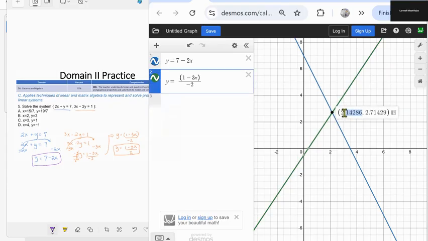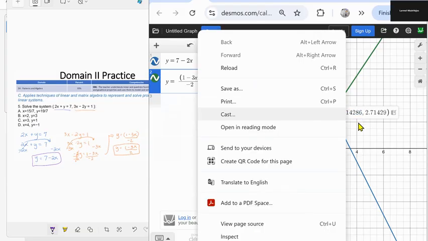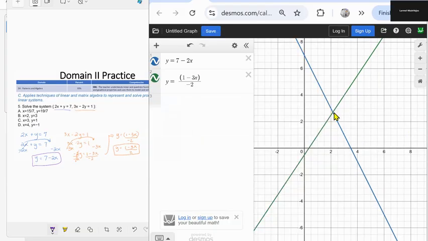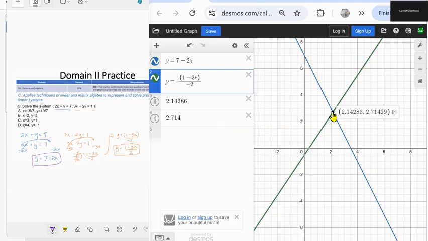I'm going to type this number, 2.14286. That's my x, and my y is 2.71429.